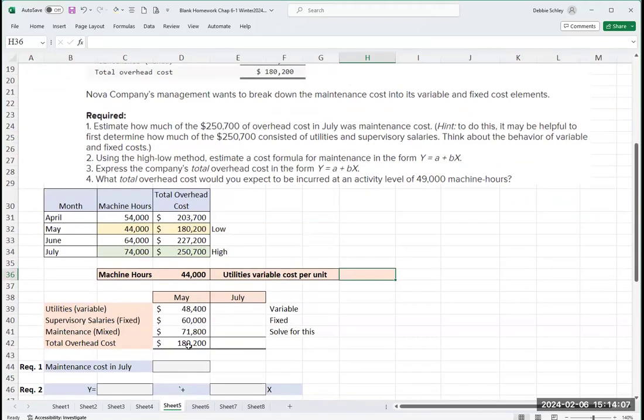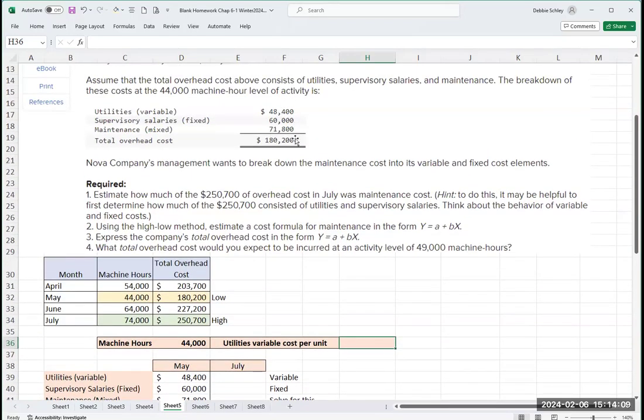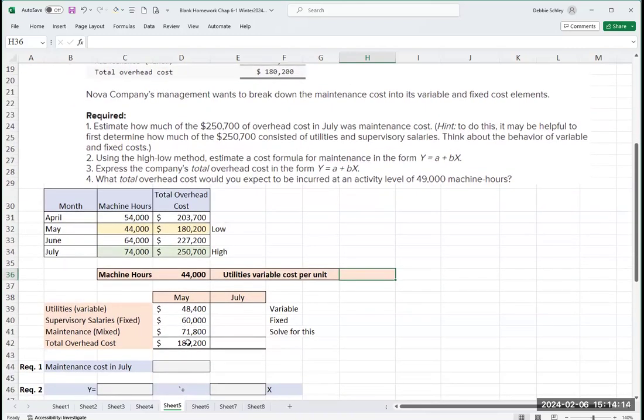So here I put these numbers. They came right here. Remember, I explained to you that this is May. So I'm going to take my utilities cost, divide it by the machine hours for May, and that gives me my variable cost per unit for utilities. So figuring out for July. Well, they told me what the total overhead cost was in July, right?